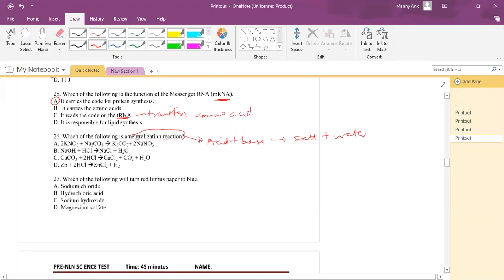All right, so out of this, you have B. That's the base. Sodium hydroxide is the base. HCl, that's the acid. This is a salt, NaCl, and then water. So you have B as your answer here.